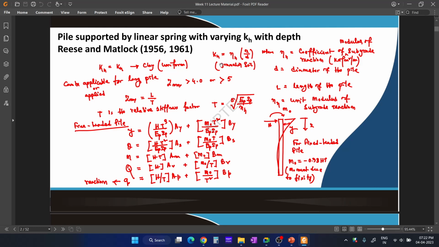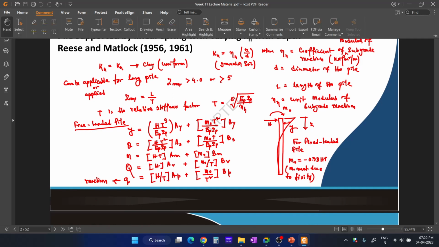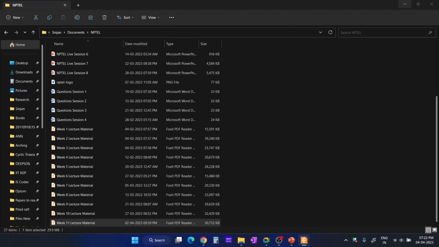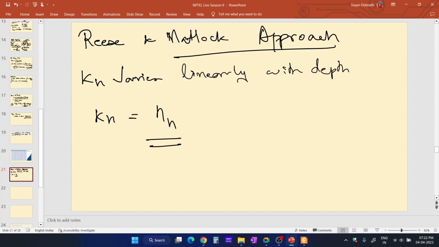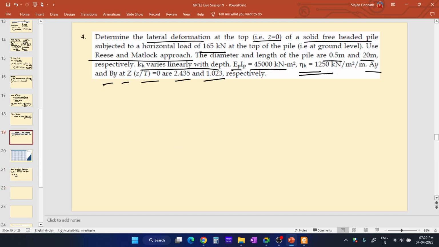See this particular equation. Now let me go back to the problem and solve it.